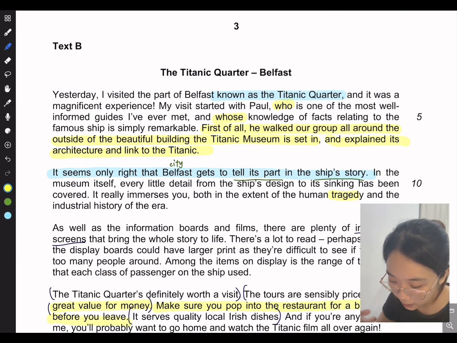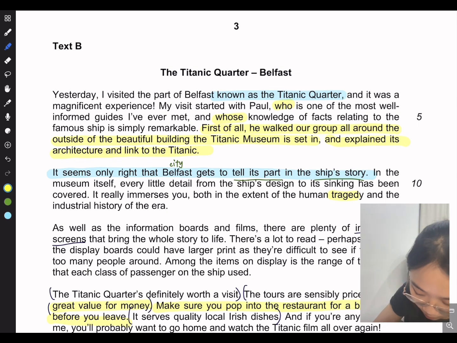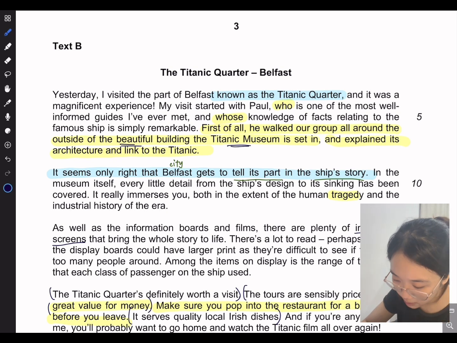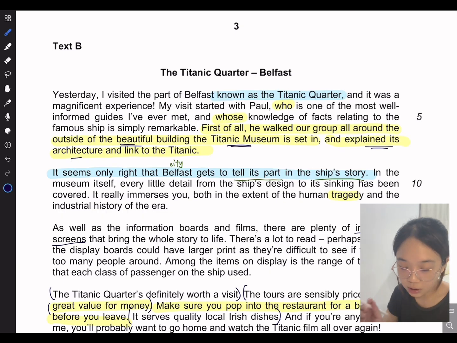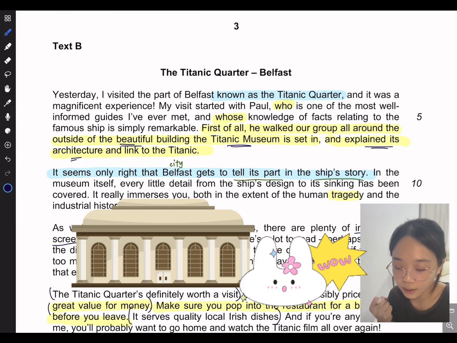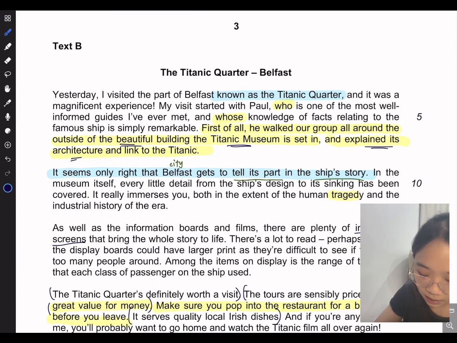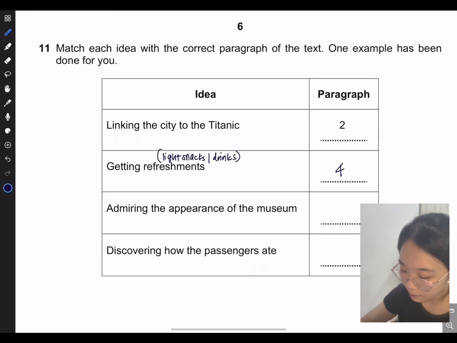So here you can tell that they mentioned beautiful and they mentioned museum and they explained its architecture. Of course, they are admiring the beauty of the Titanic Museum. So the idea has to link back to paragraph 1.